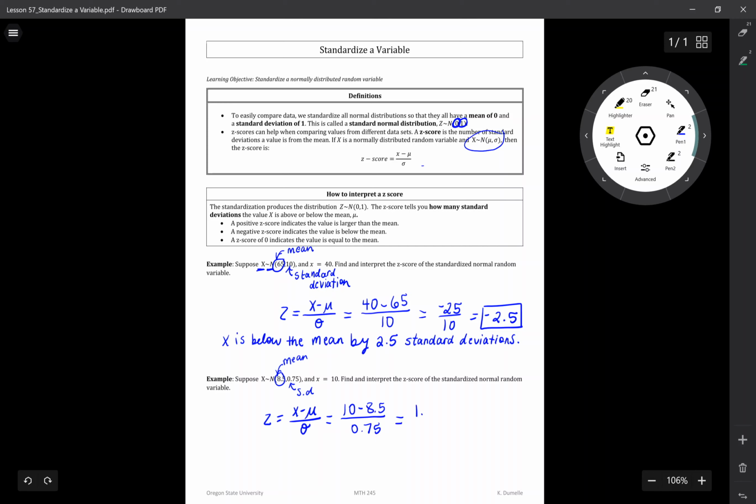This is 1.5 divided by 0.75, which is 2, positive 2. This tells me that x is above the mean, or to the right of the mean, by 2 standard deviations.